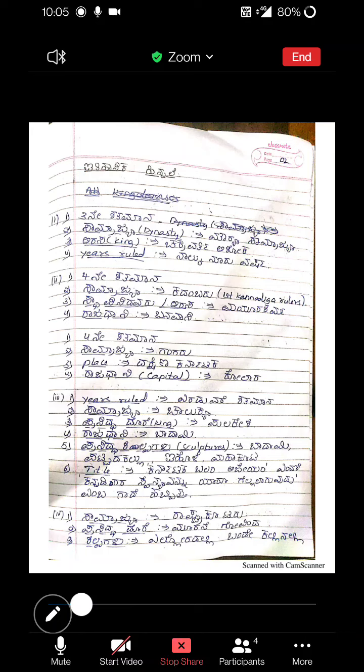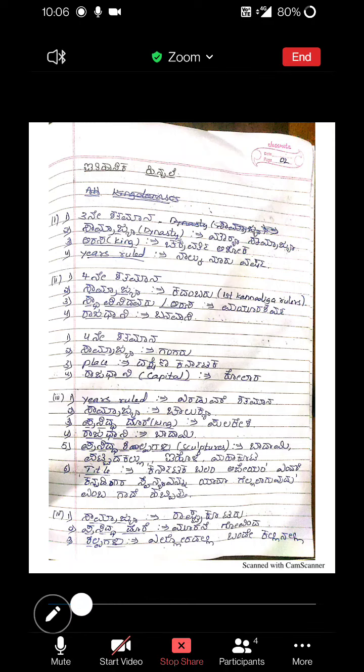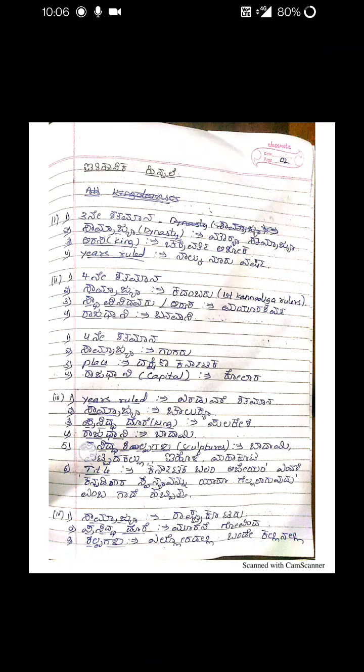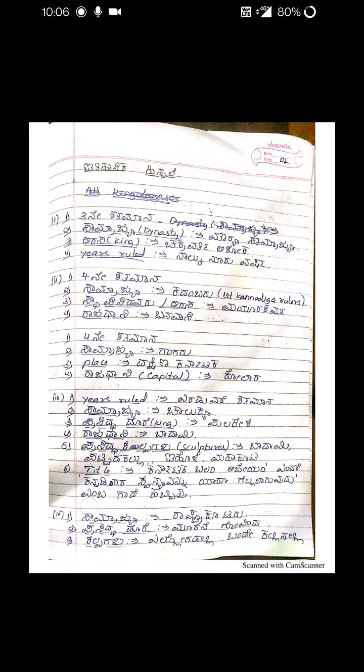Their famous king was Pulikesha. Their Rajdhani was Badami. And their Prasiddha Shilpagalu, sculptures, were Badami, Pattadakallu, Aihole, Mahakuta. And they received a title called Karnataka Balam Ajayam, which means ಕನ್ನಡಿಗರ ಸೈನ್ಯವನ್ನು ಯಾರು ಗೆಲ್ಲಲಾಗುವುದು ಎಂಬ ಗಾದೆ ಹಬ್ಬಿತ್ತು.